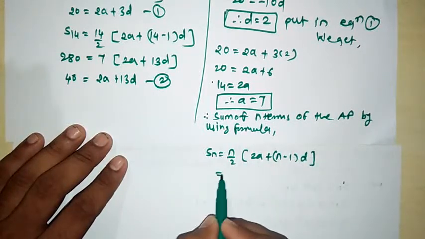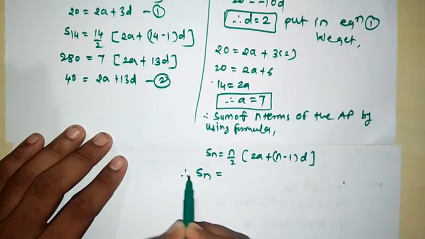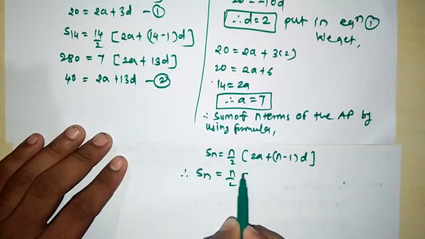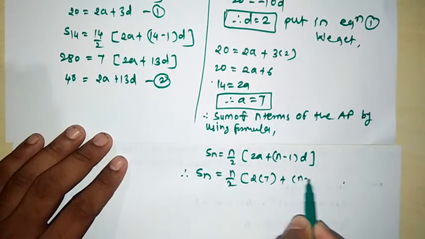Here we got the values of a and d, we have to put them here. Therefore Sn, the sum of the n terms, is equal to n by 2 as it is, we don't know the value of n, 2 into a, what is the a here? A is 7, 2 into 7 plus n minus 1 into d.